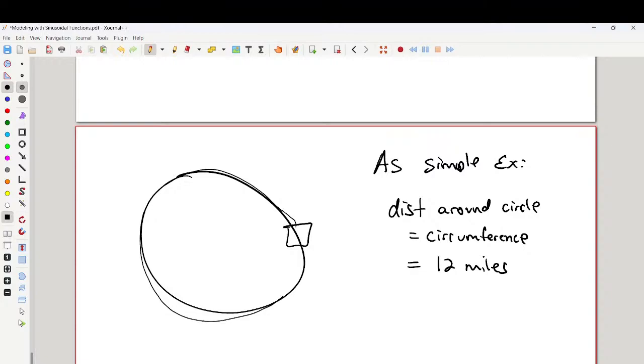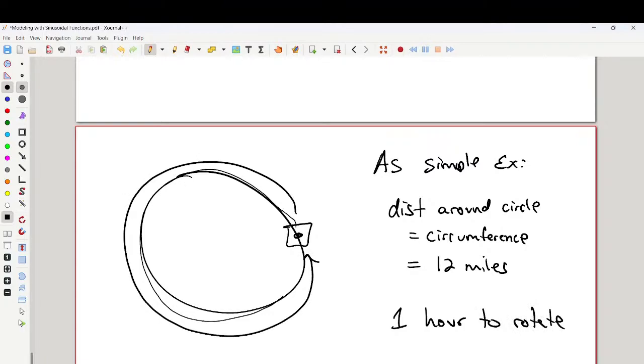So you have this 12-mile wide circle. And this seat on a Ferris wheel goes around in 1 hour. Well, there are actually 2 answers. There's something called angular speed, which we're not going to calculate.